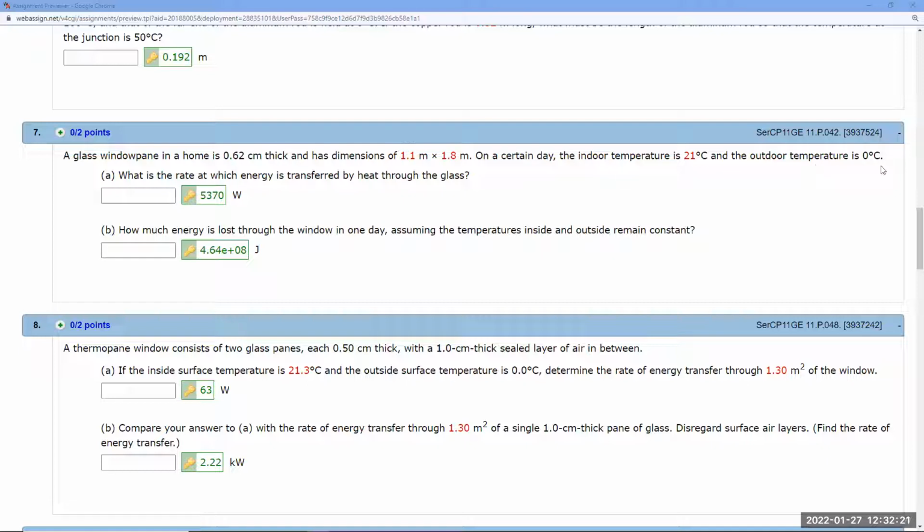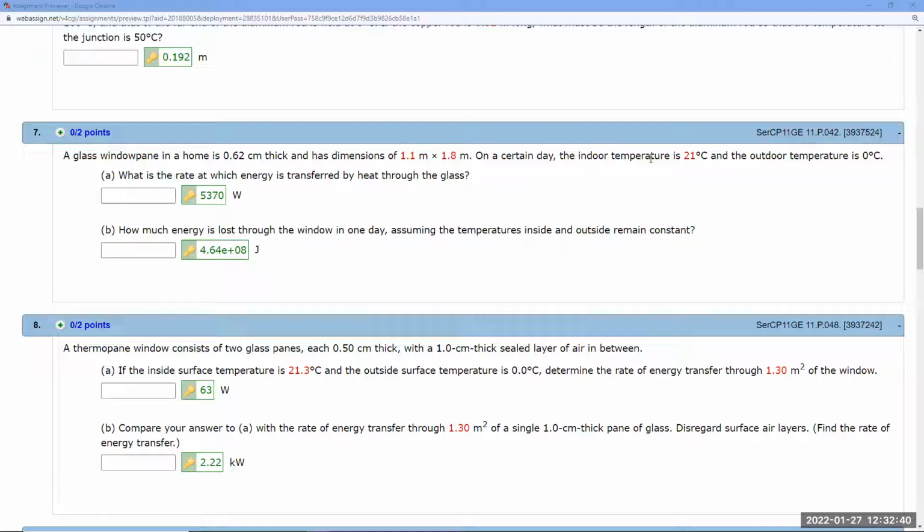So outside is 0, and inside is 21. Sorry, it is reversed. Indoor is 21, the inside is hot. Outside is cold, like winter somewhere. Not in our case.